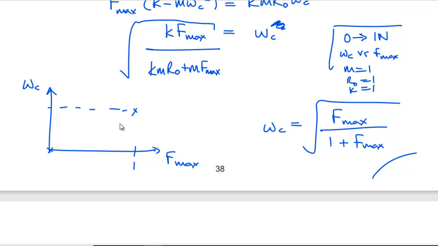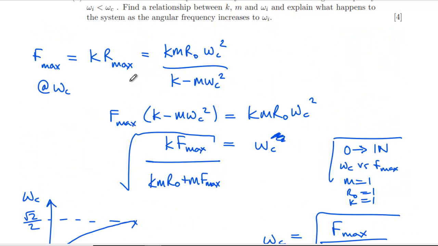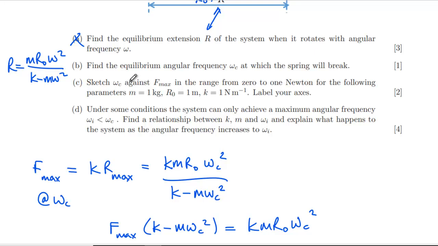So that's root 2 over 2. It's just going up in a root graph, so a bit of a curve on it. Okay, that's good. That was part C. Label your axes. Yeah, right, I've done.